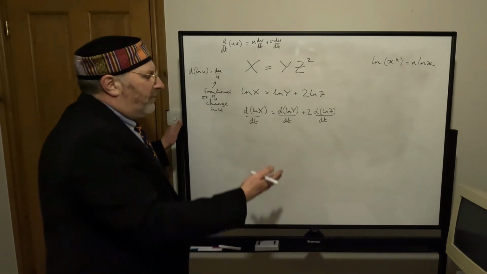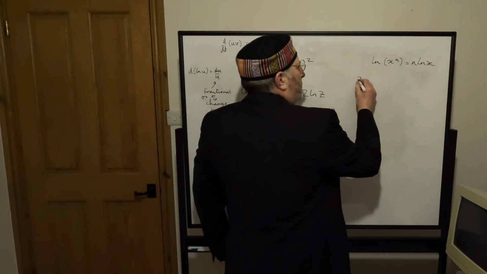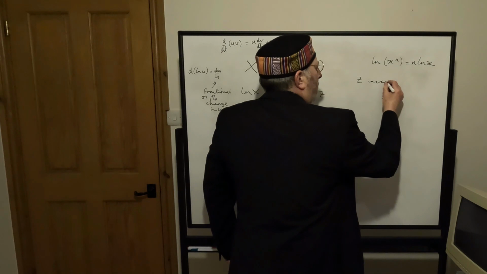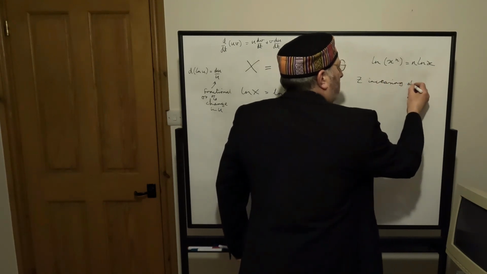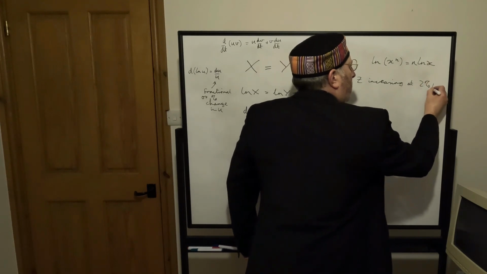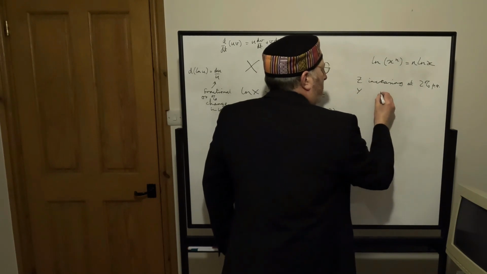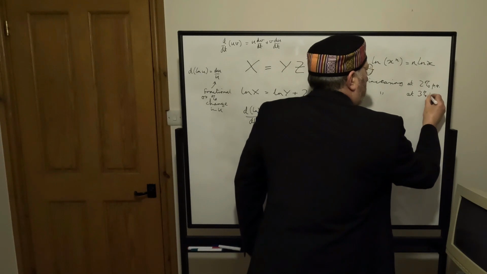So we might have the situation where we're told that z is increasing at 2% per annum, and y is increasing at 3% per annum.